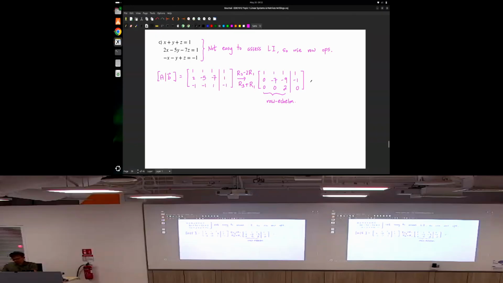So let me write: no rows with all zeros. So the system of linear equations is linearly independent. And because it's linearly independent, all three equations can intersect. So unique solution. Any objections? Yes? How? Not possible.